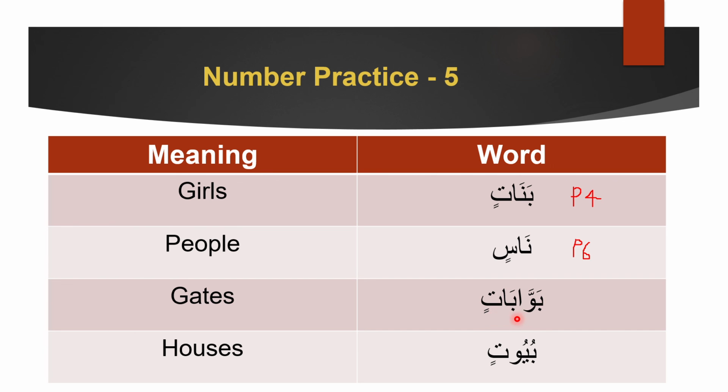Bawabatin. This, as you can clearly see, has an at in here, and the reason these two are not similar is that the original word over here is bawabatun. Bawabatun is the original word, and then it became bawabatin. Great. Now, what is this? It means gates.